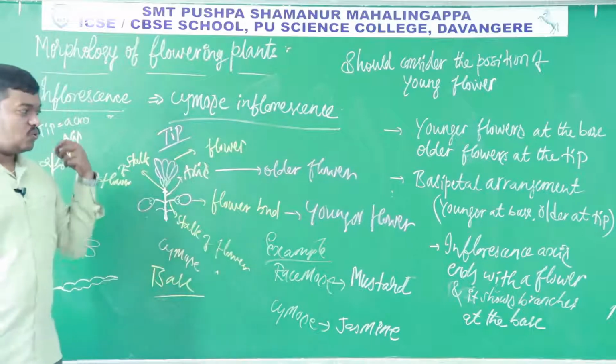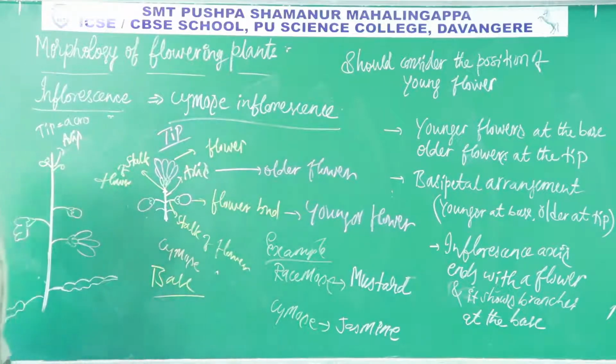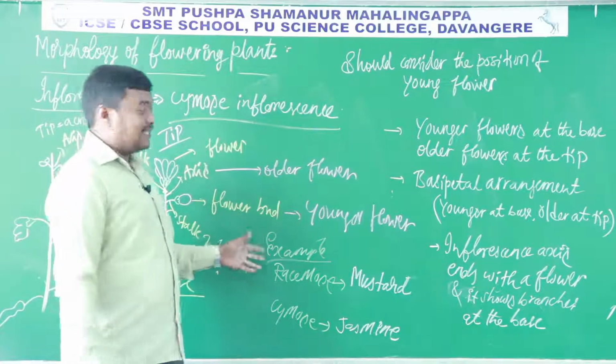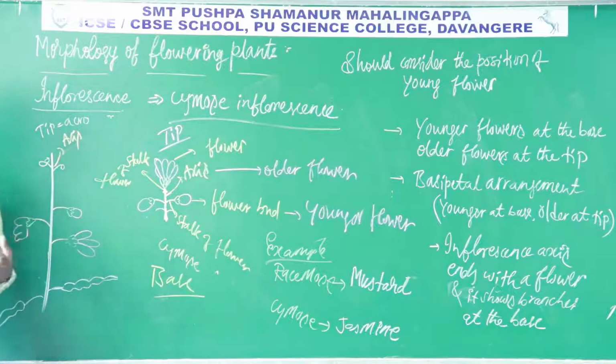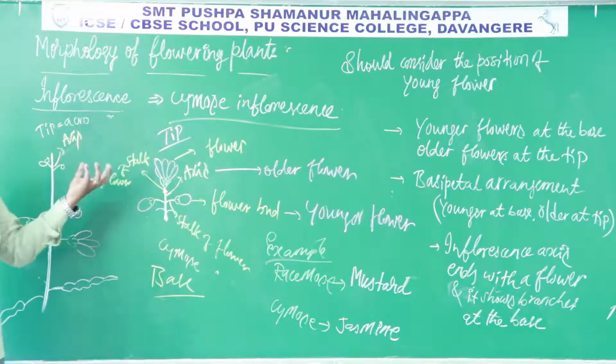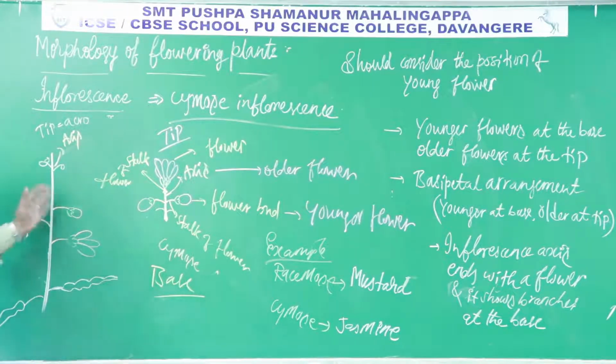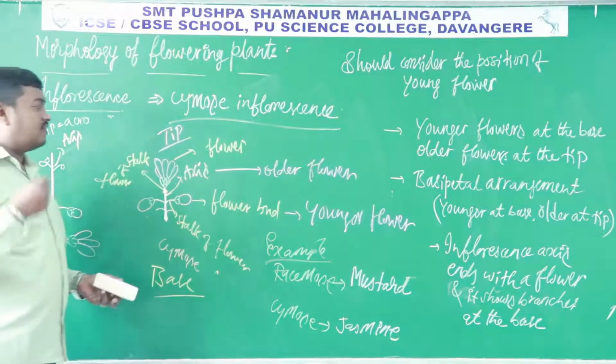Just try to observe the inflorescence. By practical experience only you can learn the difference between cymose and racemose very well. Initially it may be difficult, but you will become familiar with the types of inflorescence. Just try to look into the different types of flowers.